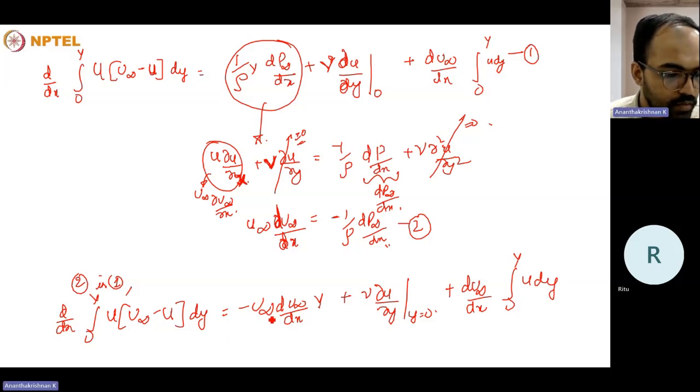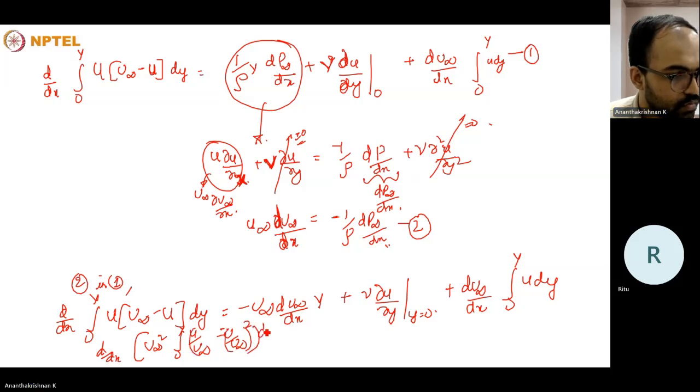In this one, we take the u infinity outside, and we can try to represent it in the form of momentum thickness. So that will be d by dx of u infinity squared integral 0 to y of u by u infinity into (1 minus u by u infinity) dy, equal to du infinity by dx.